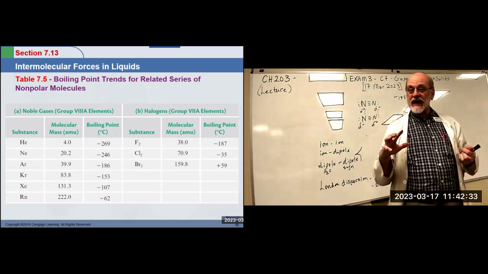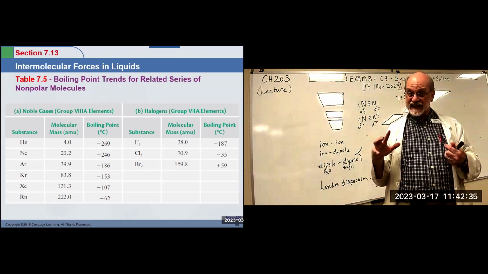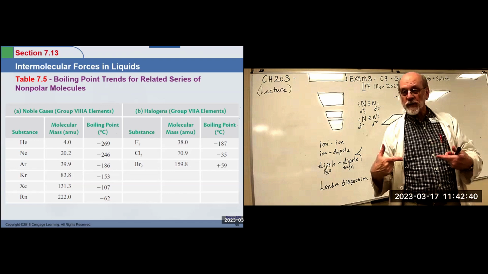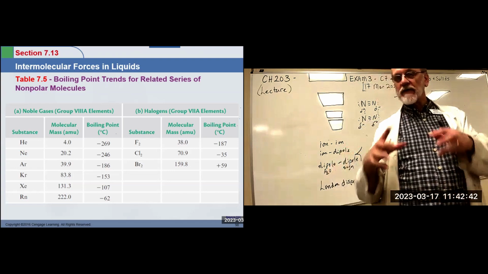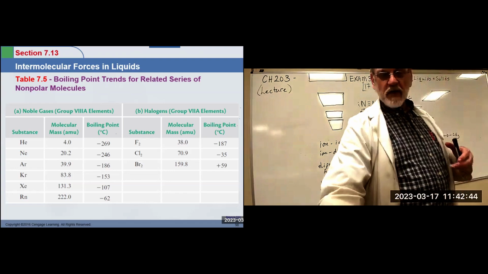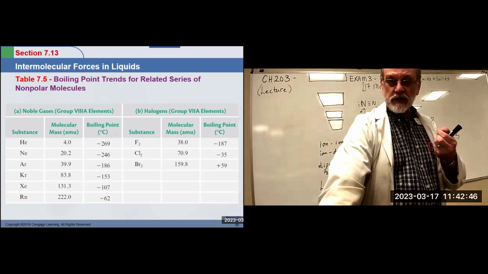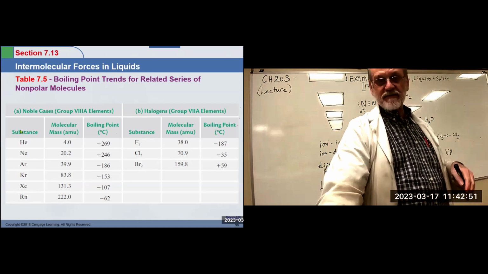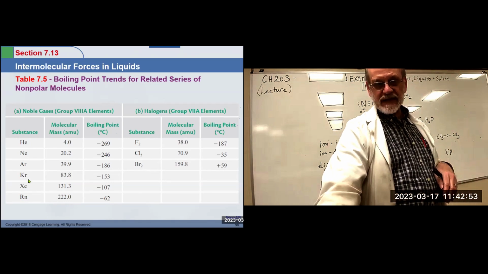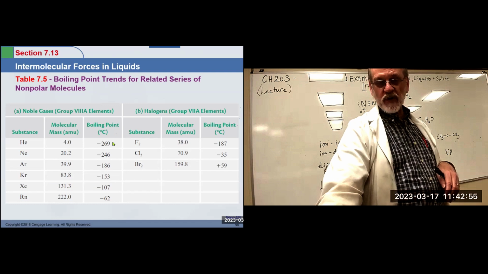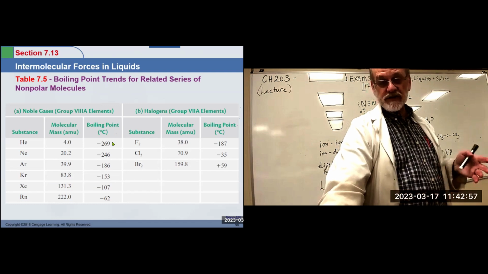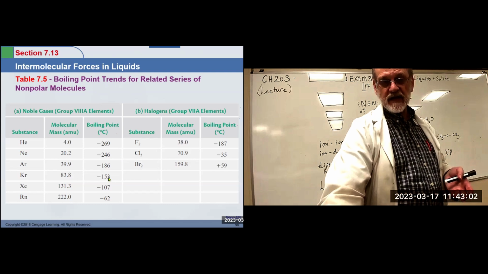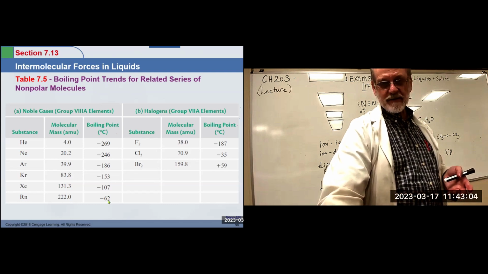So that means that we can sustain temporary partial charges for longer periods of time around the larger atoms. So that means that the boiling point should increase as we get bigger atoms. And in fact, it does. As we go from helium down to radon, we notice that the boiling point increases from minus 269 degrees C all the way up to minus 62 for radon.